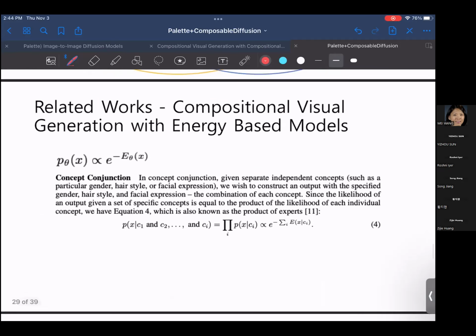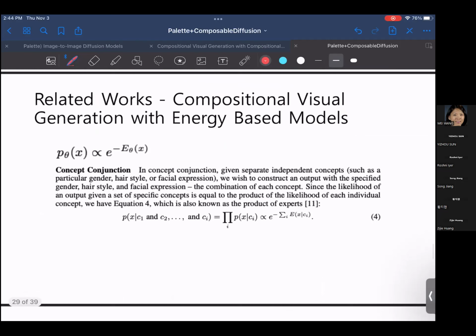So for further explanation, there's this concept of conjunction, which they provide in this paper, Compositional Visual Generation with Energy-Based Models. And these equations are going to be used in this compositional diffusion paper, same as this paper. So as p theta, the data distribution is proportional to the energy, they are using this kind of equation.